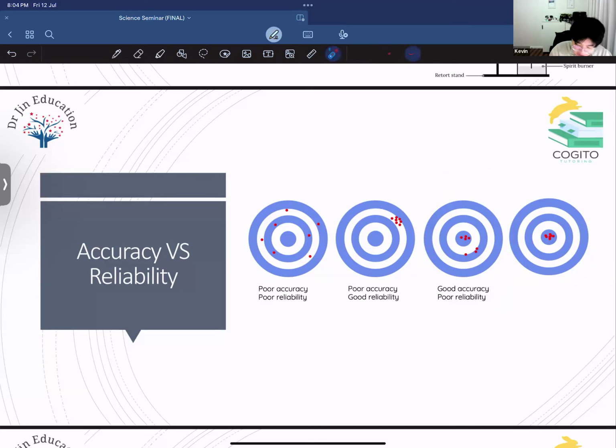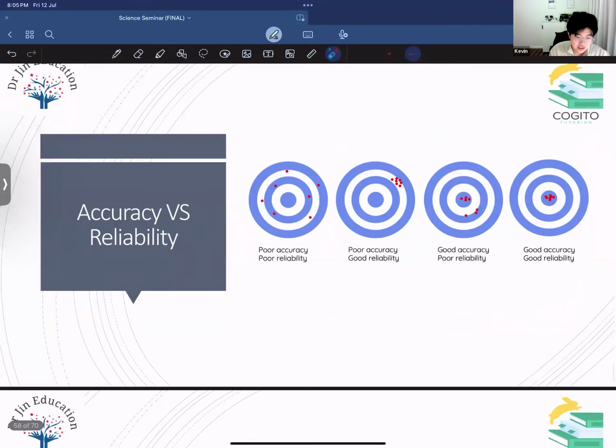Okay, and this very last one, you guys will have guessed, it's good accuracy, good reliability. Now, as you go through high school, you would definitely come across accuracy and reliability. Whenever you think about it, come back to this diagram. Very, very useful diagram. I want you guys to think about this diagram years down the line.